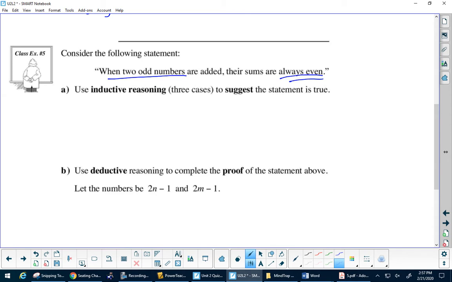Okay, so let's use inductive reasoning. Just give me numbers. Give me a case. No, I need two odd numbers. 3 plus 7 equals 10. When two odd numbers are added, the sum is even. Okay, that one worked. Give me another one. I need 3.